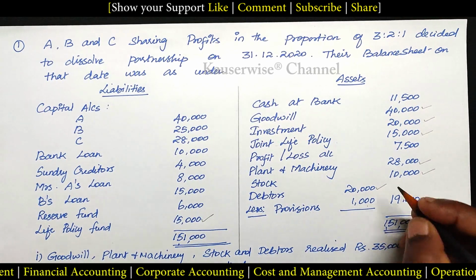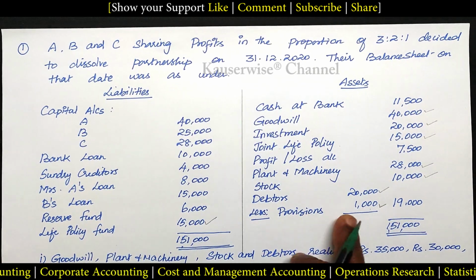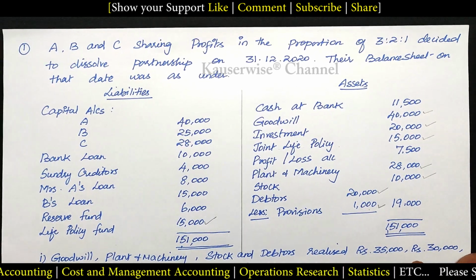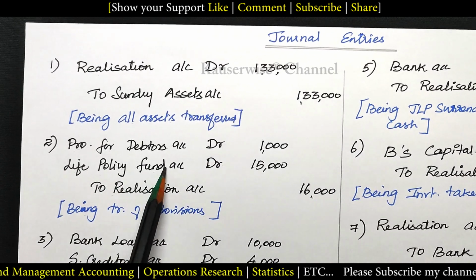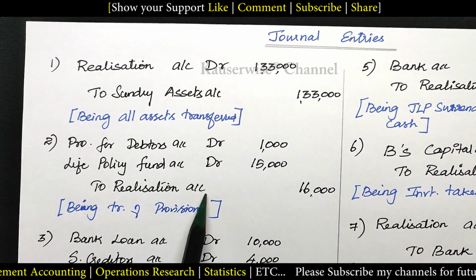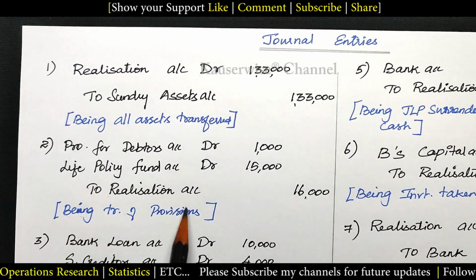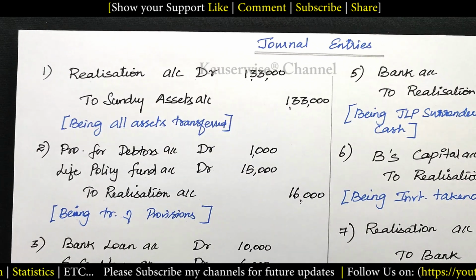This provision also is a liability. So we need to transfer these two provisions to realization account. See the entry. Provision for debtors account debit, life policy fund account debit to realization account, being transfer of provisions to realization account. Total 16,000. Now see the problem.